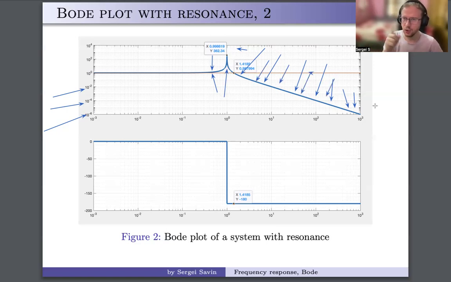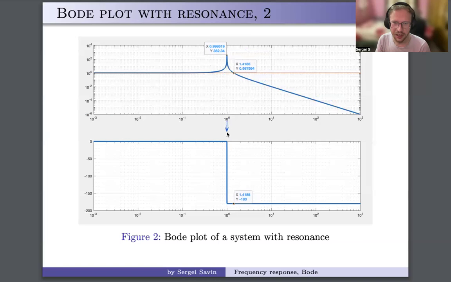Like you ask the system to oscillate very fast, it's going to oscillate, but it is going to be barely perceptible. It's going to stand in place, right? Okay, good analysis. And also you can notice that after this frequency here, you would acquire a phase shift of 180 degrees. So your system would oscillate, but it will oscillate with a lag of half a period.